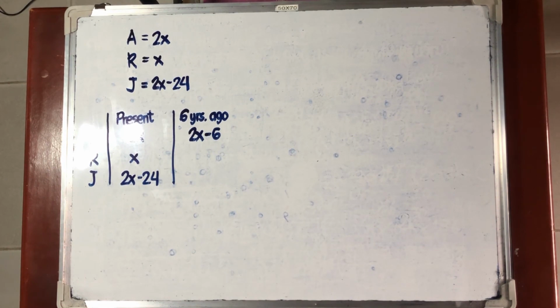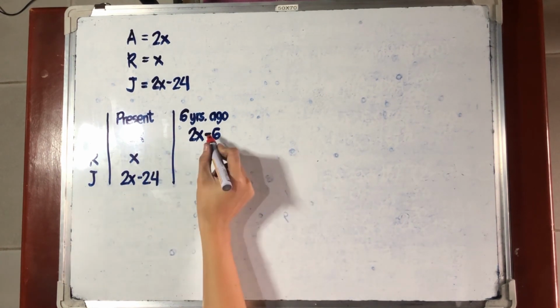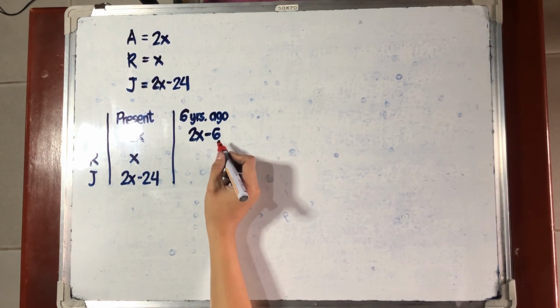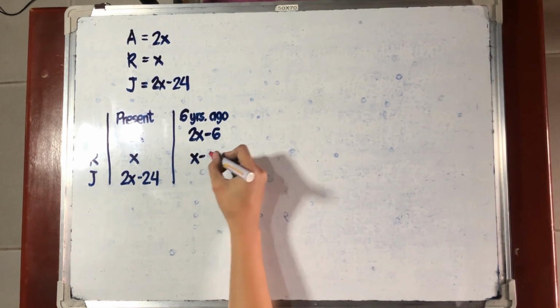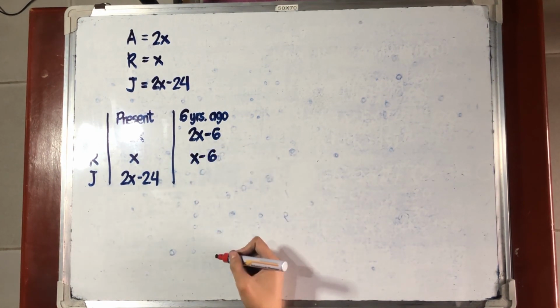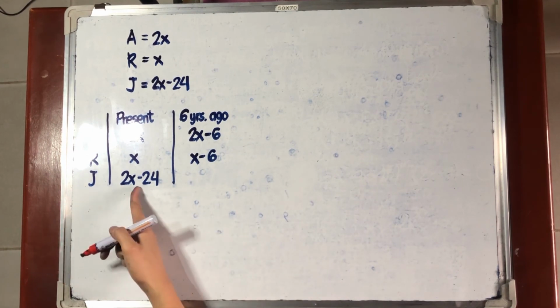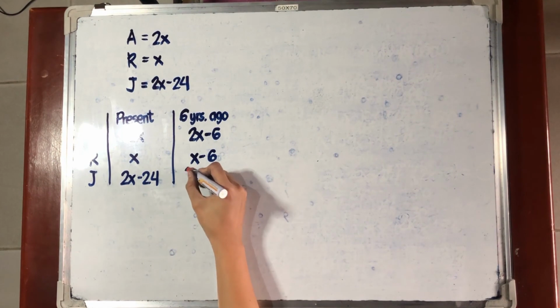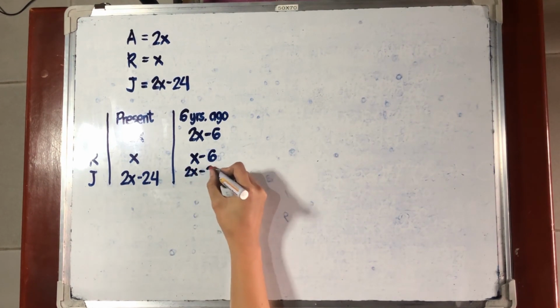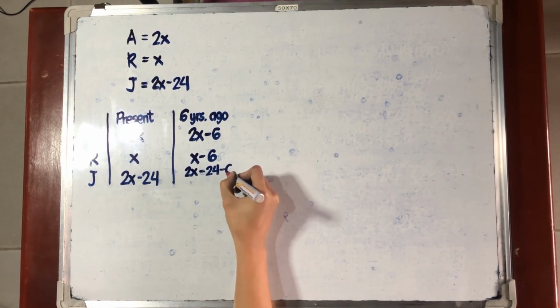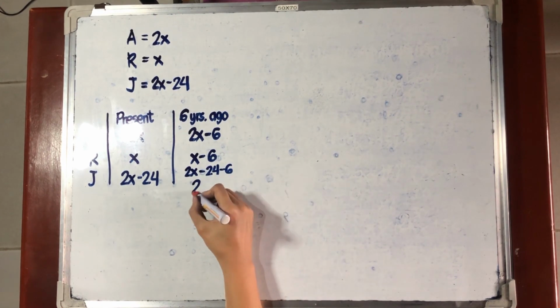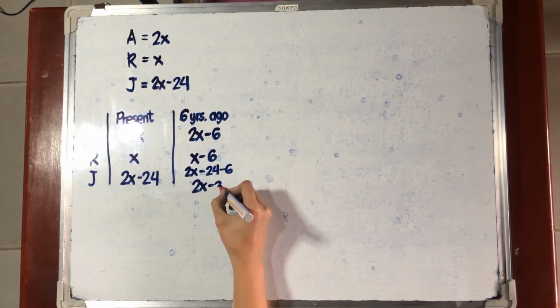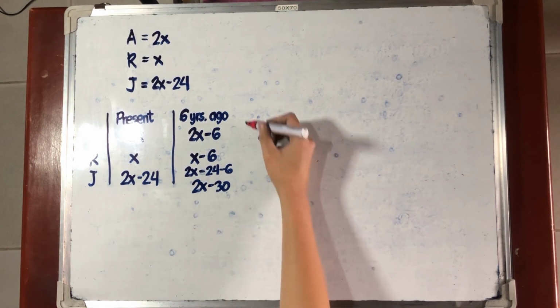Very correct. Diba? So that 6 years ago, Aris is 2X minus 6 and Rico is X minus 6, whereas Jake is 2X minus 24 minus 6. So, litan ko ha, 2X minus 24 minus 6. Or that is 2X minus 34 Jake.